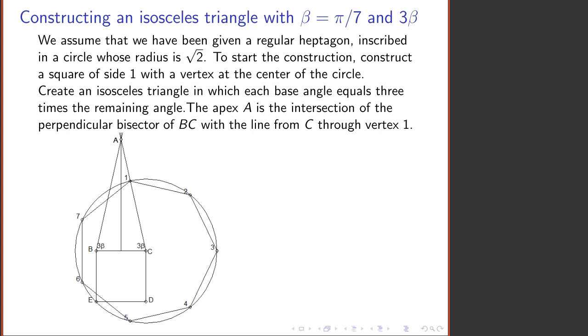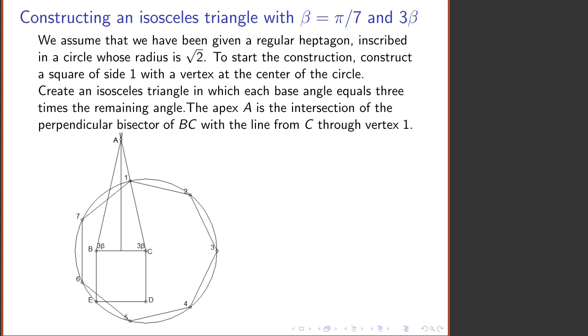Now I'm going to construct an isosceles triangle in which each of the base angles is 3 times the remaining angle. Remember, Euclid's secret for constructing a pentagon was each base angle was twice the remaining angle. How am I going to do this? Well, here's a vertex of the heptagon. Here's a vertex of the heptagon.